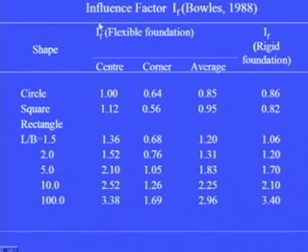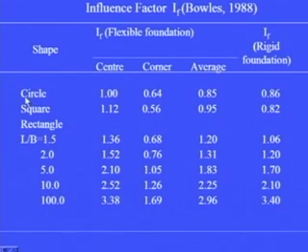Now, these are the influence factors given by Bowles 1988 for different shapes, for flexible foundations as well as for rigid foundations. The IF for flexible foundations at the center of the footing, at the corner, and the average values are also presented in the table.